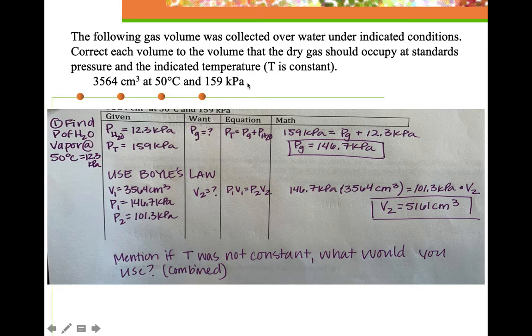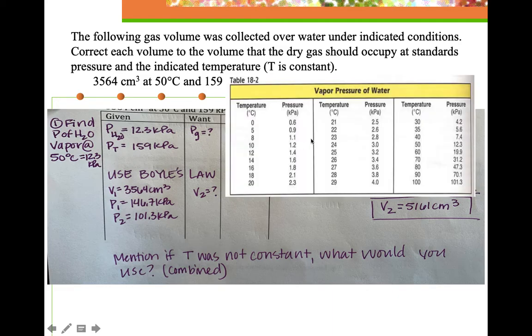First, I'm going to have to find the pressure of just the gas. And in order to do that, remember, I have to look up the pressure of water vapor at that temperature. They tell me total pressure here is 159 kilopascals, but I just collected a gas over water, so I have water vapor in there and I have that particular gas.